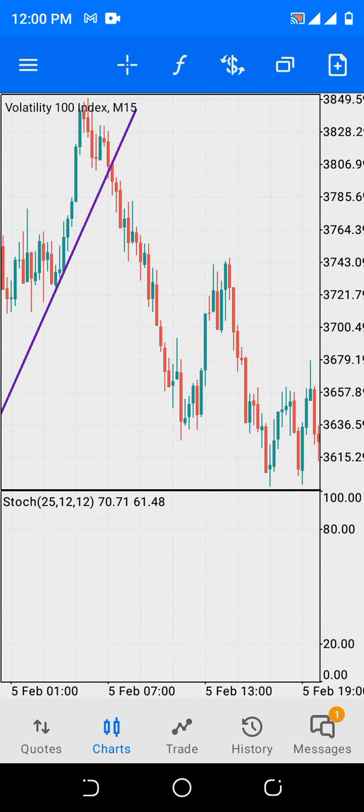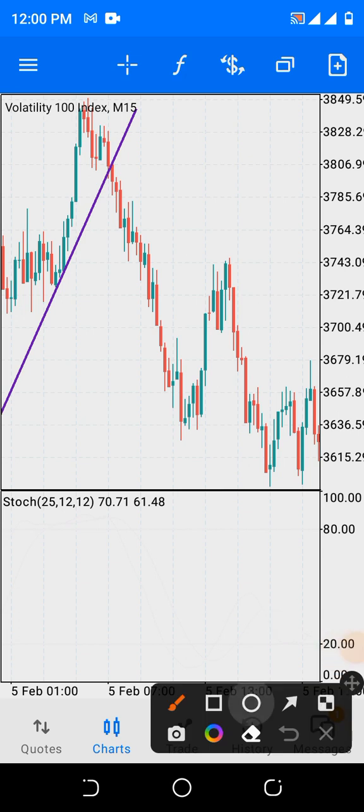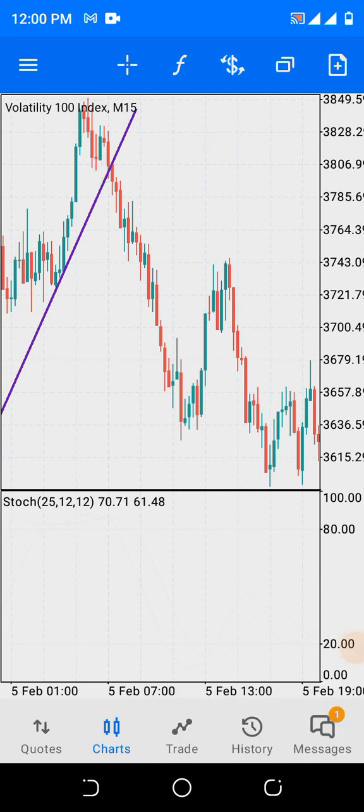Where the market crosses the trend line, you sell. Like this point, where the market crosses the trend line, you make your sell entry again. So this is another way of using trend line.